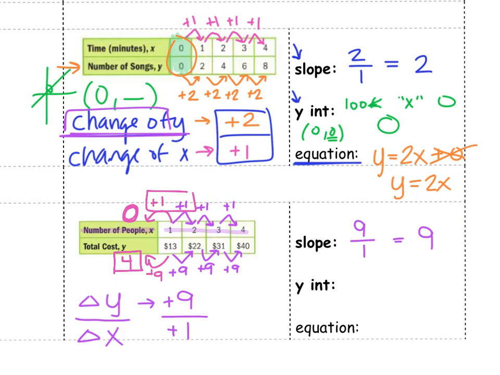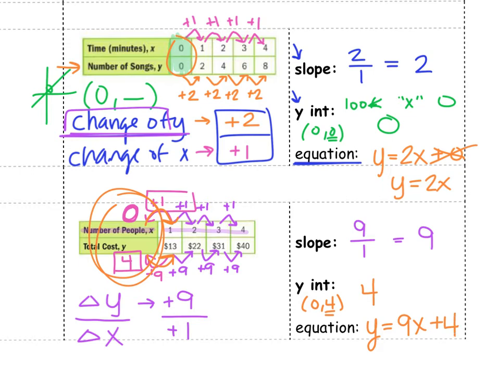It's still following that same pattern if we move the other direction. 4 plus 9 is 13, and 0 plus 1 is 1. So now I have my y-intercept of the point 0, 4. The y-intercept is that y value of 4, and now I can write the equation. Y equals 9x plus 4.